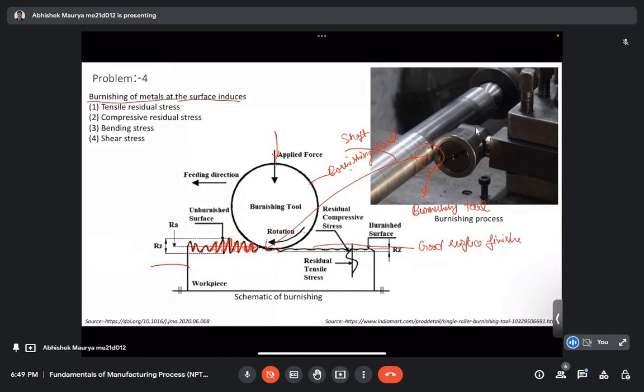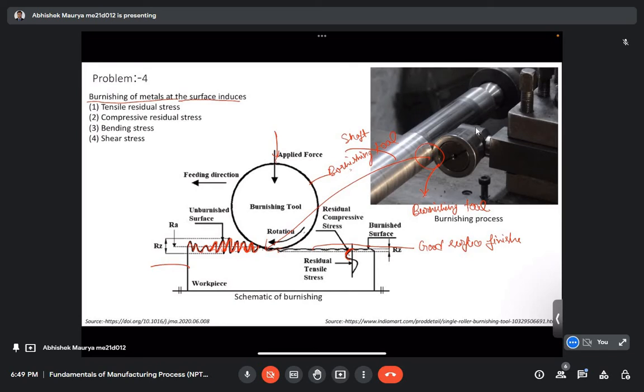as well as compressive residual stress in this zone. Earlier, there were high chances that the material had tensile residual stress on the surface, but because of burnishing we were able to improve the surface finish, as well as induce compressive residual stress, which improves its aesthetics as well as its fatigue life.